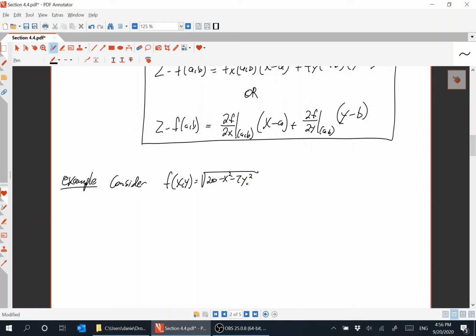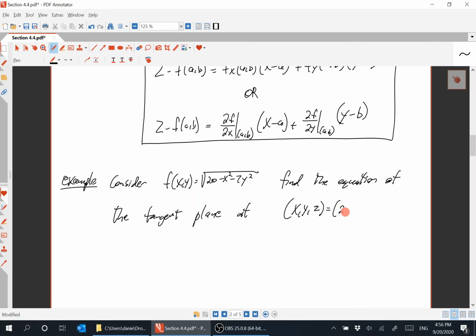Find the equation of the tangent plane at x equal to 2, y equal to 1. If x is equal to 2, that's 4. Y is equal to 1, that makes that 7. So it's 20 minus 11. 20 minus 11 is 9, square root is 3.